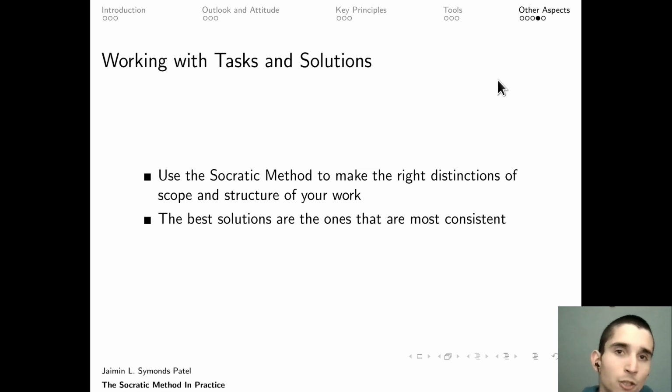The next area you can use the Socratic method is in the principle of finding the best solution, because the best solution is ultimately the one that is most consistent. And that sounds very similar to our method, right? The solution we get is the one that does not contradict itself.